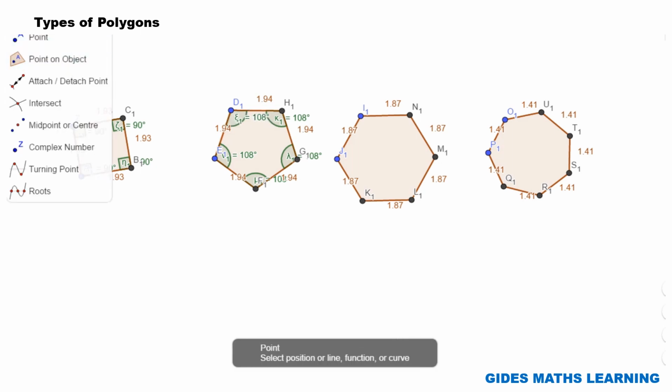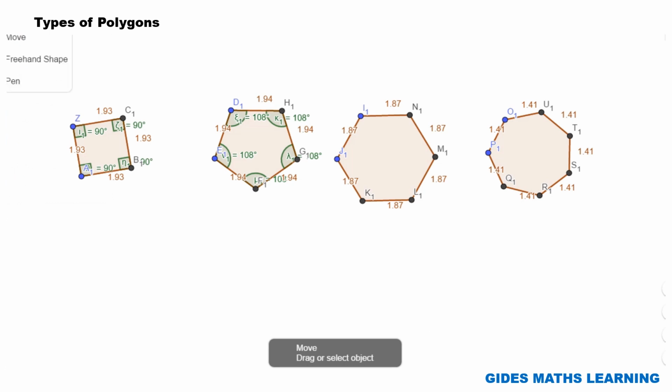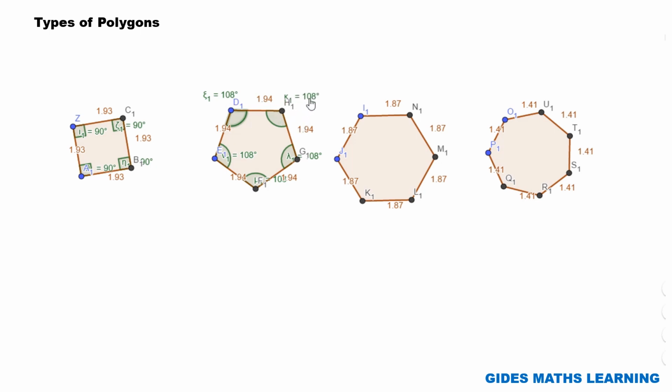Now for the regular pentagon too, all the interior angles are 108 degrees. Put the angles at the corner. So we see that all the interior angles for the regular pentagon are also the same in size.